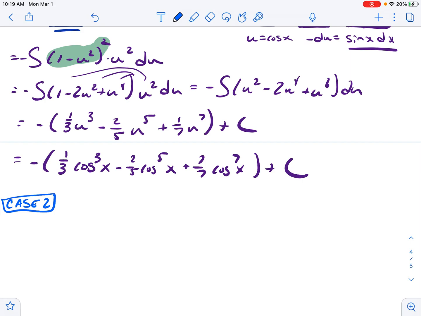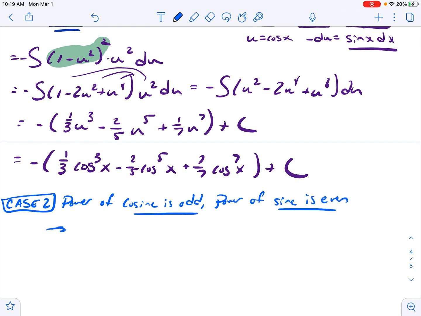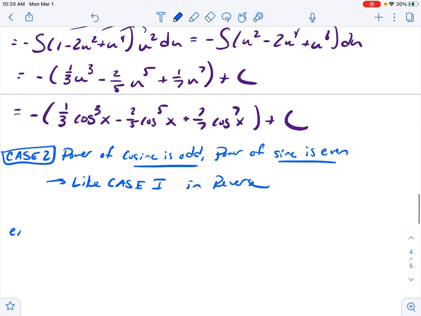is like case 1, but in reverse. Let's say power of cosine is odd, power of sine is even, like case 1 in reverse. So let's just do an example here.